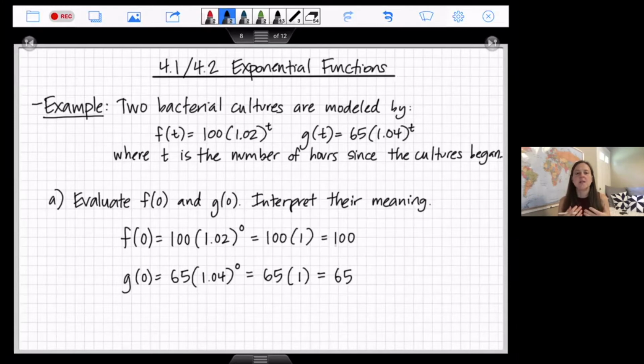So this is the initial value. When t equals 0, that's right at the moment I started these bacteria cultures. These are the number of bacteria that I have. So we started with 100 bacteria in the first culture, and the second culture means that we started with 65 bacteria.